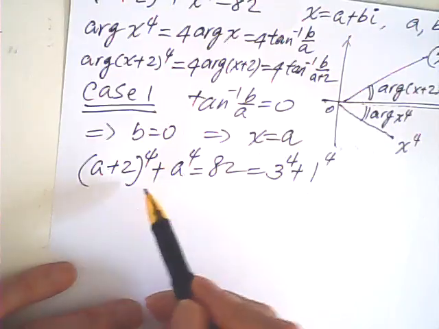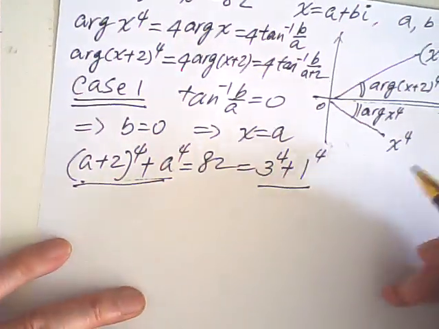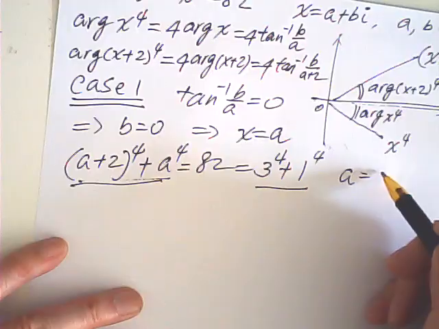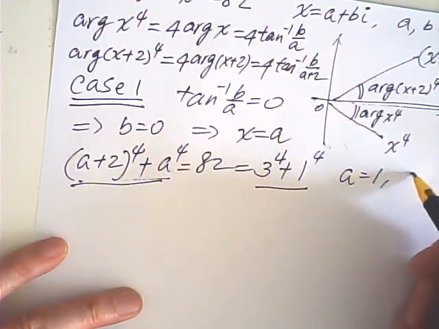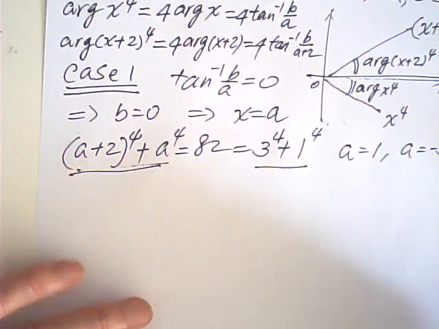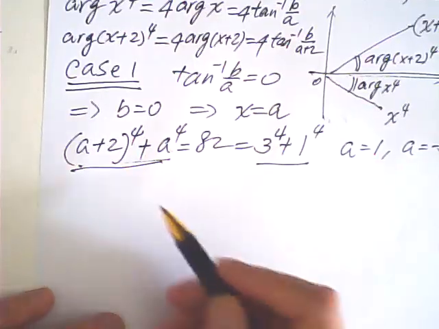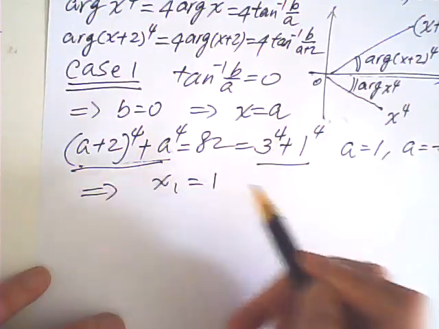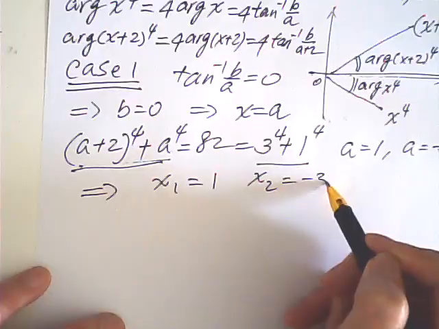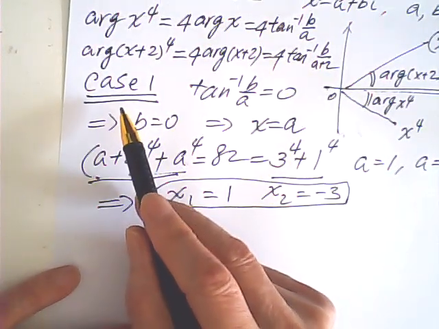So from this, we can easily observe that a is equal to 1, or a equal to negative 3. That is 3 and 1. Which means that x1 is equal to 1, x2 is equal to minus 3. So we find the two solutions for these equations based on case 1.